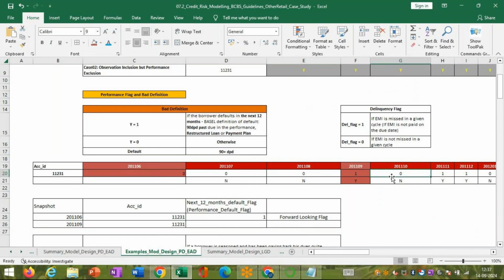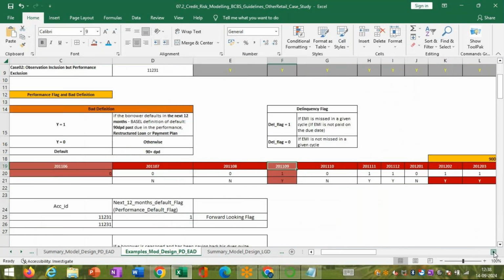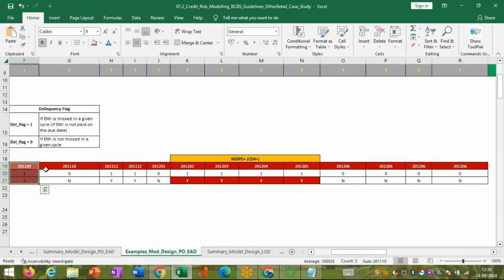Up to this point, it is clear, Kshitij. All the customers who are there on these books as on 2011-09 have been there for at least the last 13 months. Now I start looking with respect to 2011-09. On 2012-05, I see that the 90 days past due has been satisfied, but then again it has become zero.